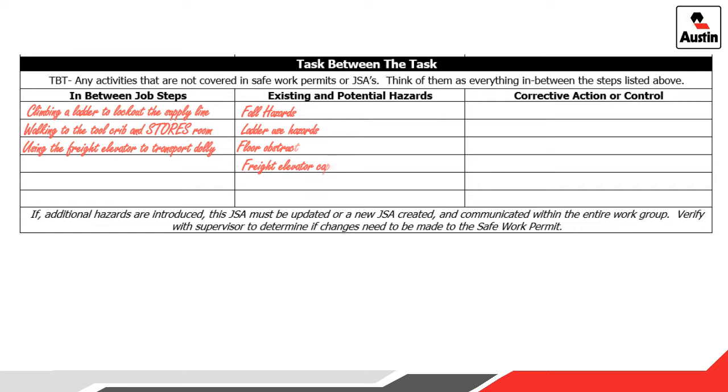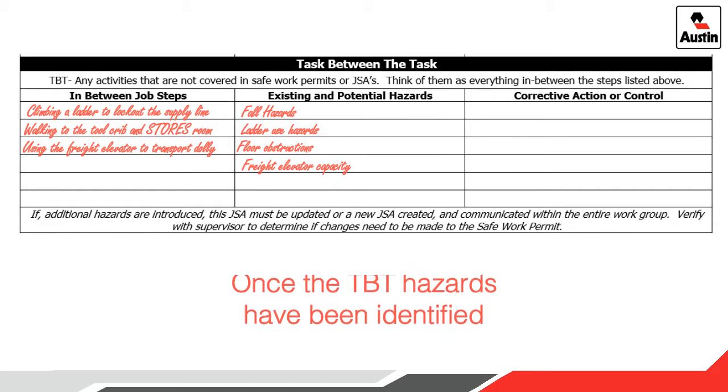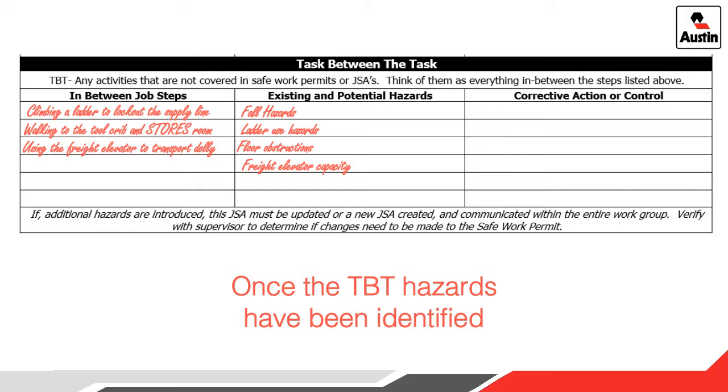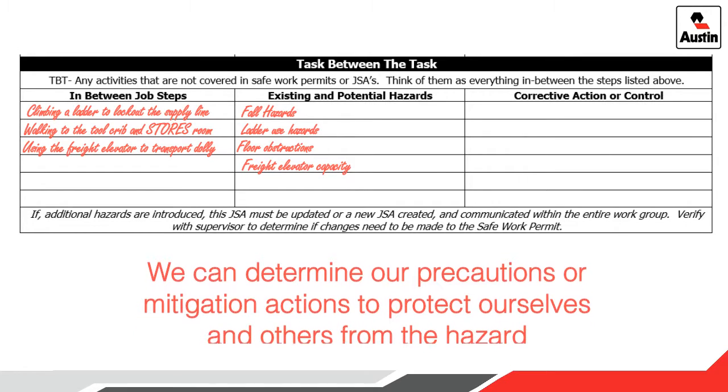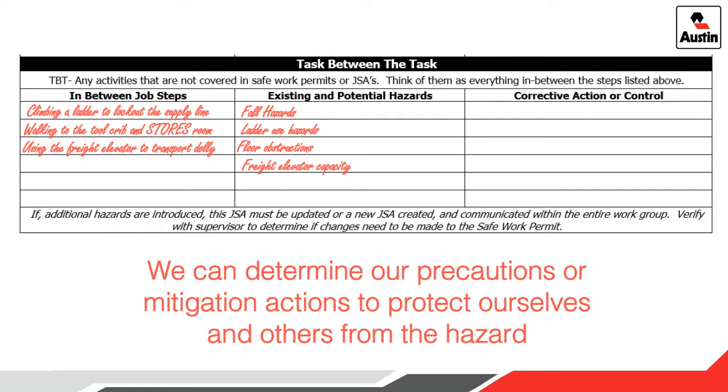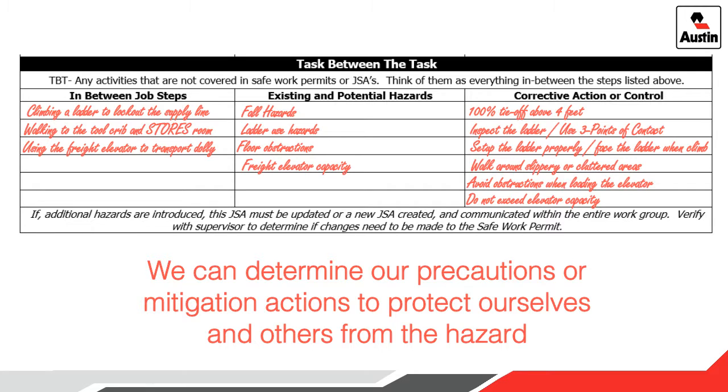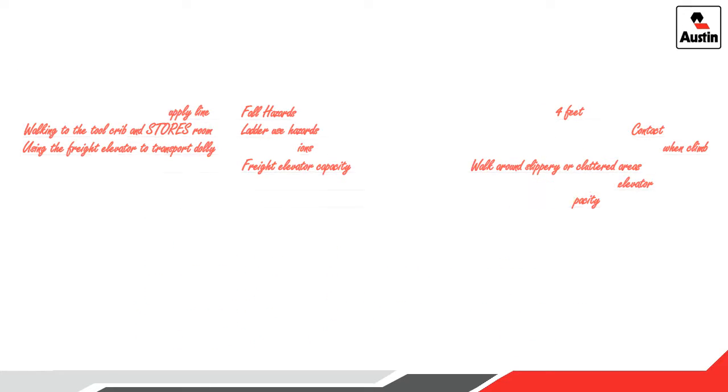Finally, once the hazards of each task have been identified, we can implement precautions or mitigation actions to protect ourselves from these hazards. For example, we listed there are fall hazards with using the ladder. Our precaution will be to use 100% fall protection when we are above 6 foot.